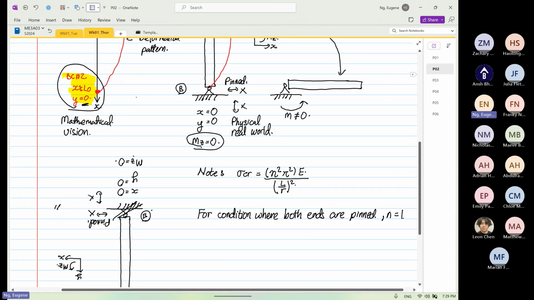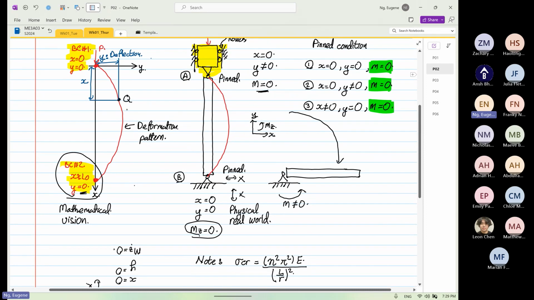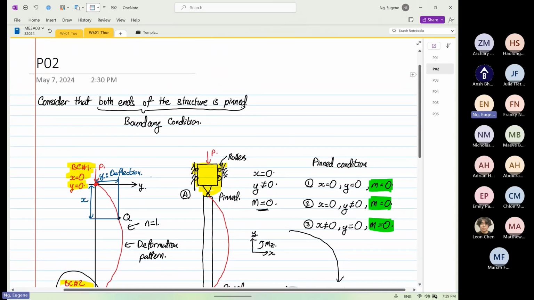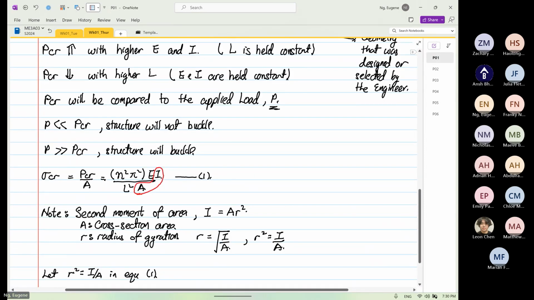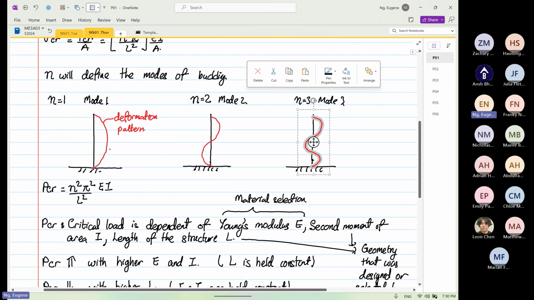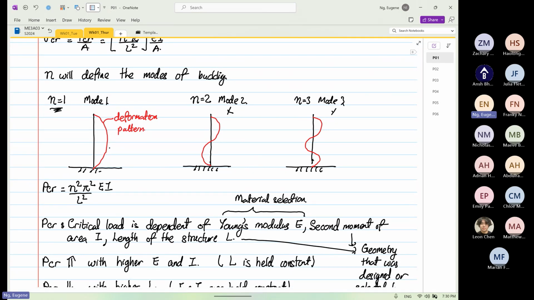Why do I say that? Because for this case, for this deformation, n is equal to 1. If we look at our different deformation patterns, we know that for this case, n is equal to what? 1. We are not doing mode 2, neither are we doing mode 3.